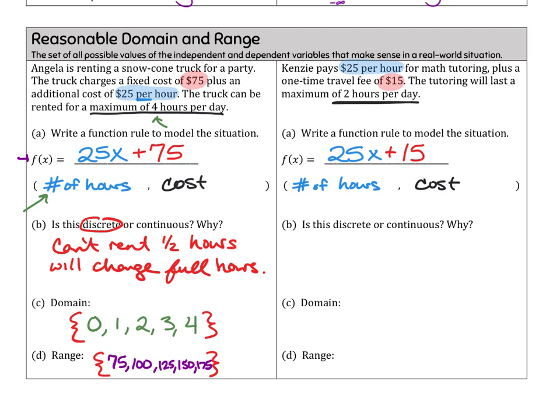Is this discrete or continuous, and why? Now, this is where it gets a little confusing, because do you only tutor for 1 hour? No, because Kenzie is a person and not a company, she probably has some half-hour rates. So even if this doesn't really make sense to you, we're going to call this continuous for a good example. Why is it continuous?